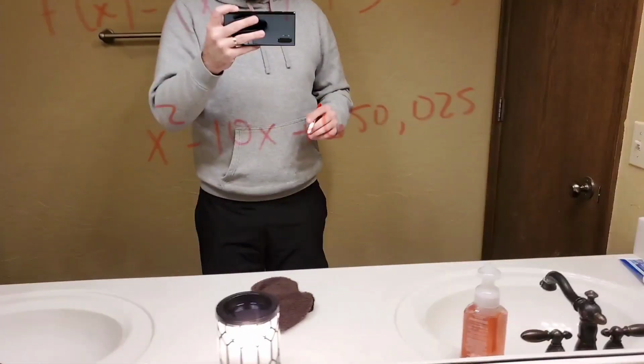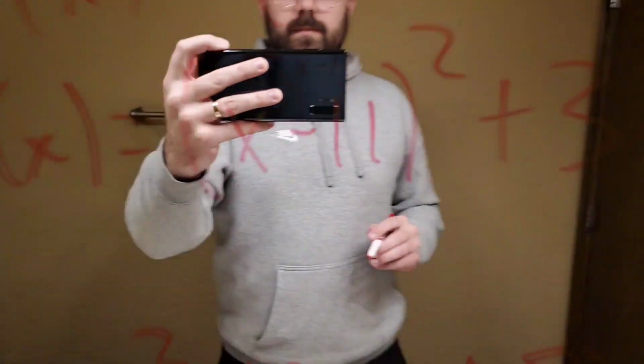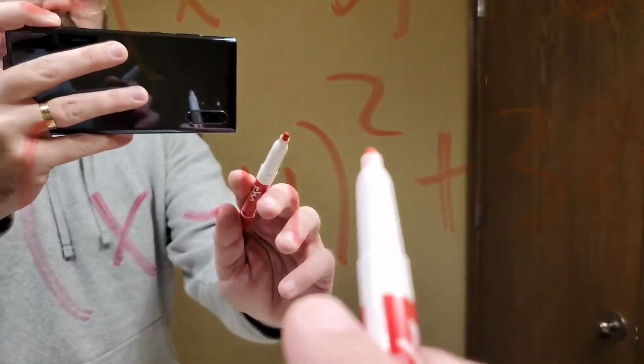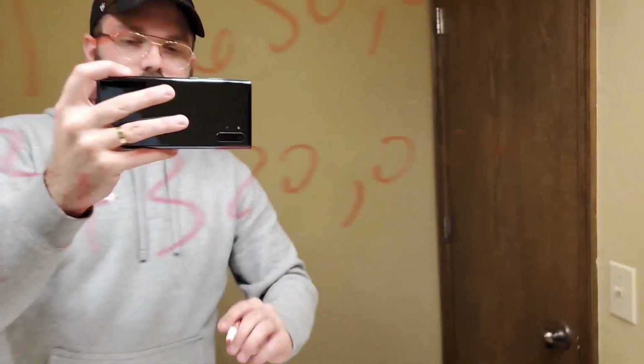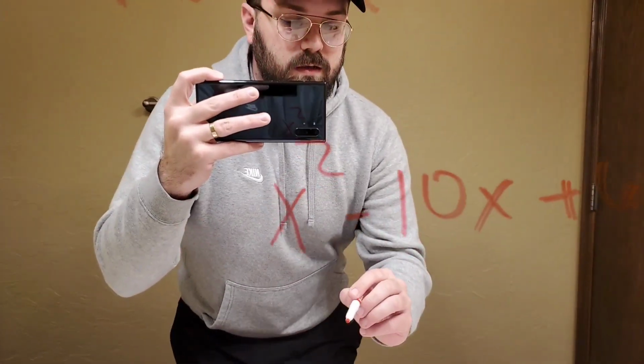And so let's look at the standard form of the ones we do want to do. So once again, we do (x minus 11) squared, and then once we do that and get the answer, we're gonna add the 320,000. So real quick, just quick maths in my head. I'm not gonna read it.